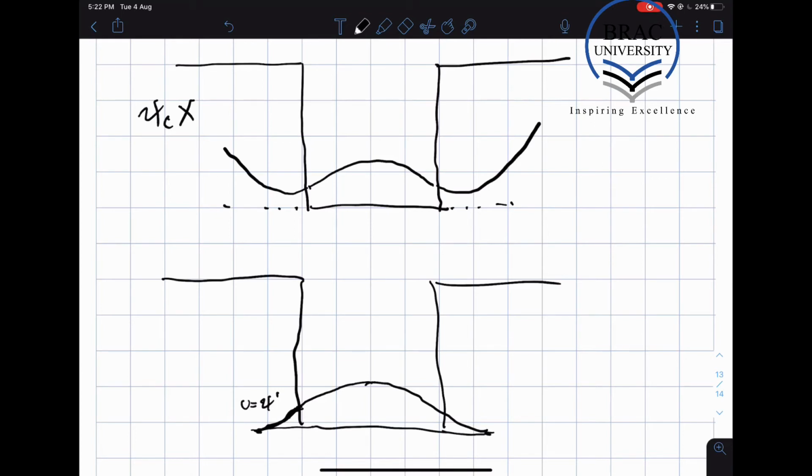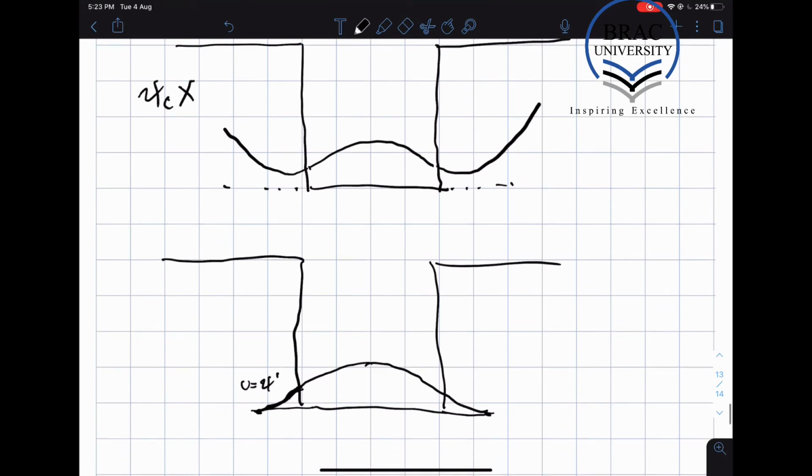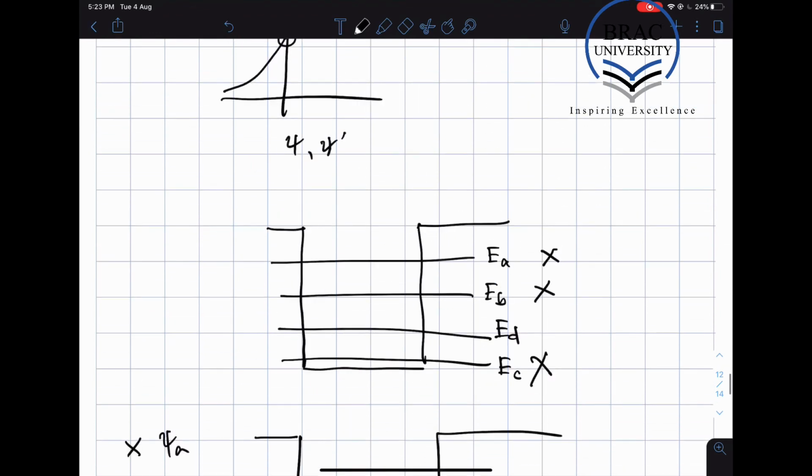And therefore it doesn't have to curve away from the x-axis anymore. So this is an example of an acceptable wave function. So psi D is the acceptable wave function, and therefore this is the acceptable energy eigenvalue.